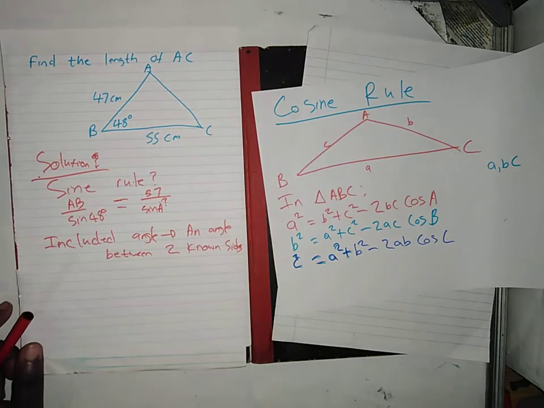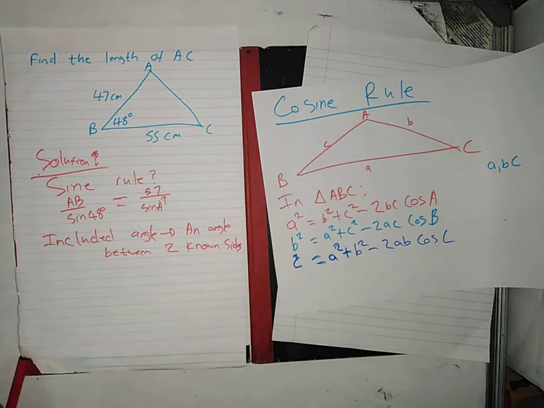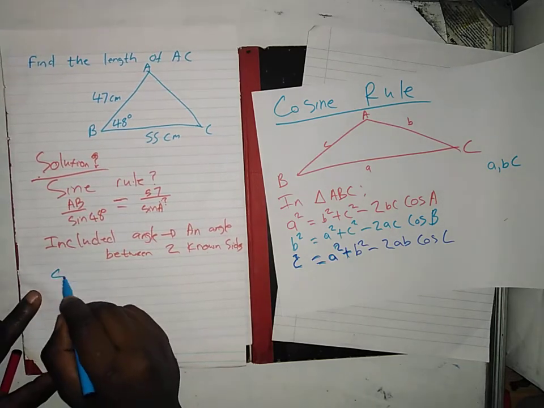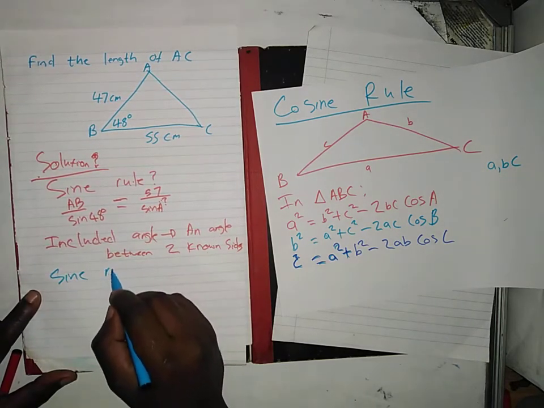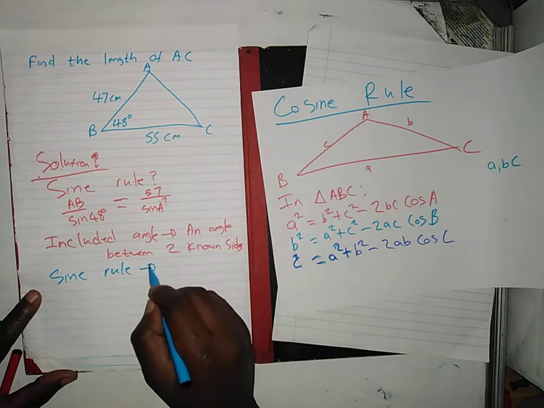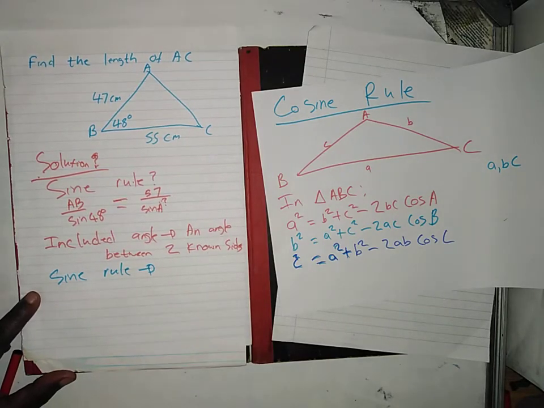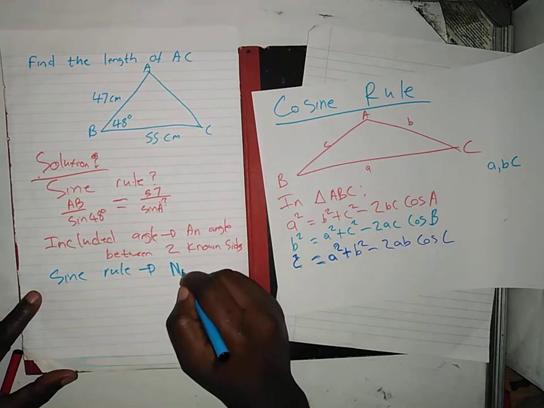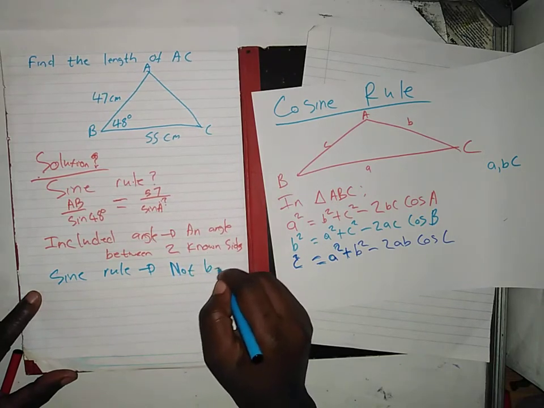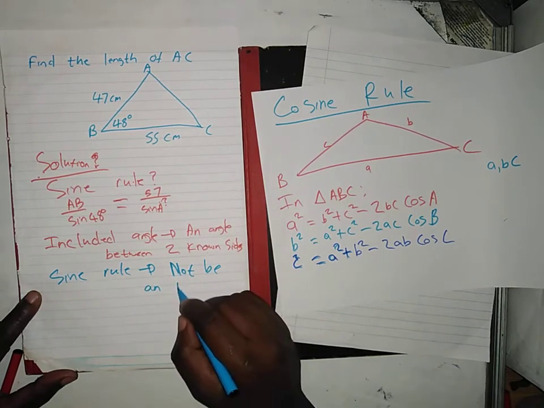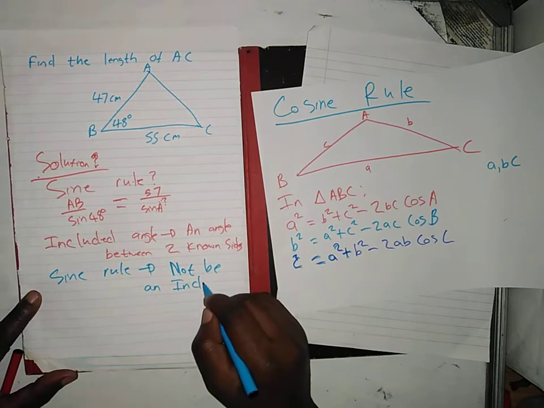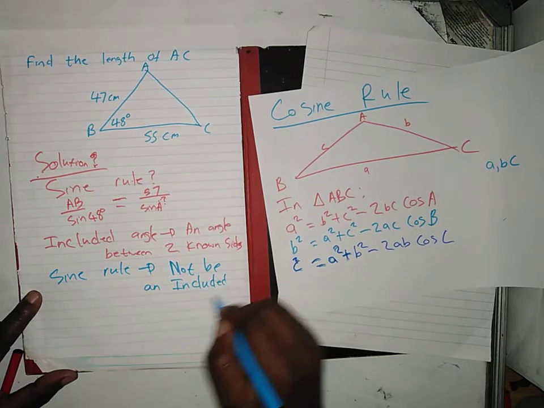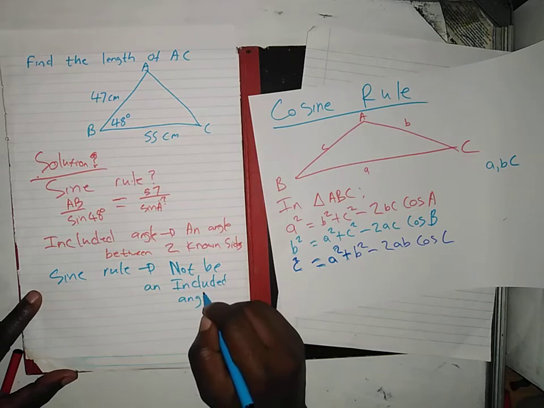So the important thing about an angle in Sine Rule is that whatever angle that you have, it must not be an included angle. Alright?